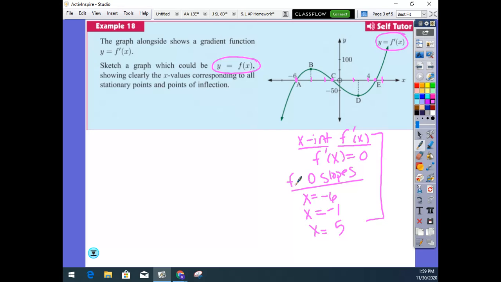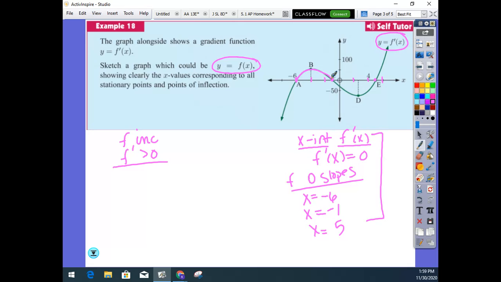Okay. Now, in general, I know that f is increasing where f prime is greater than 0. So looking at the graph, where is the graph greater than 0? That's above the x-axis.